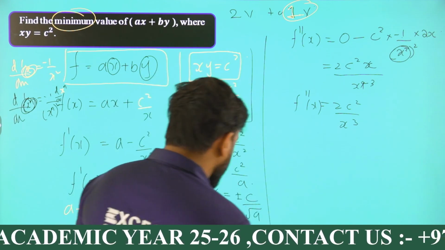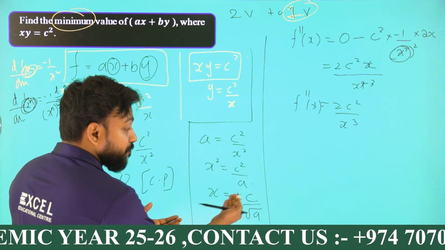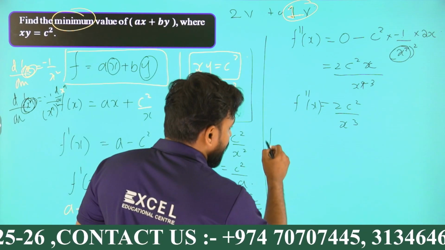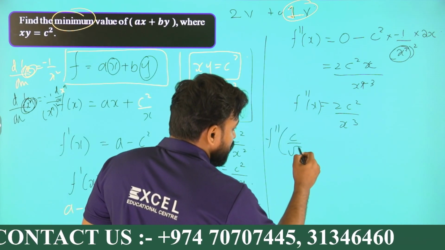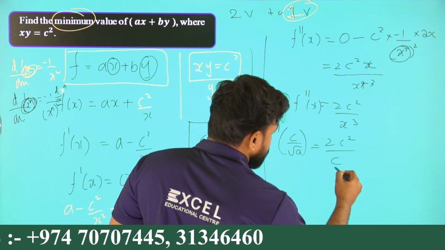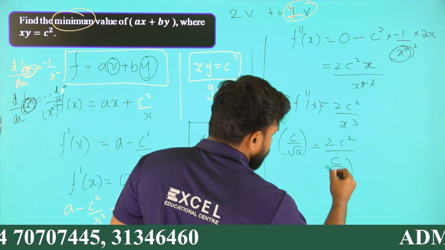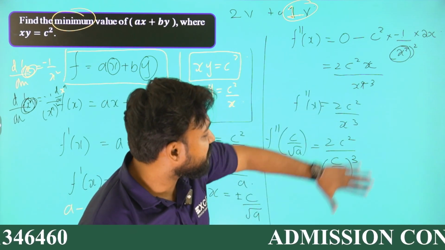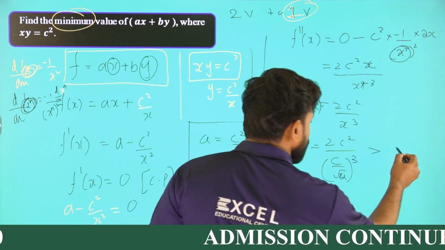We have two critical points, that is x is equal to plus c by root a or minus c by root a. So I'm going to put the first one, c by root a: it is 2c square by c by root a the whole cube. Listen, nothing negative is here. Every term is positive, so it's greater than 0.